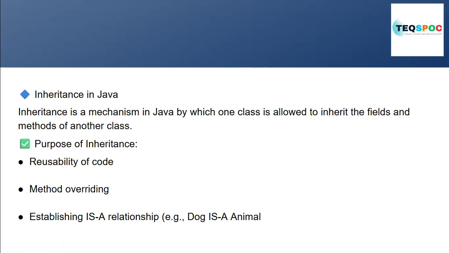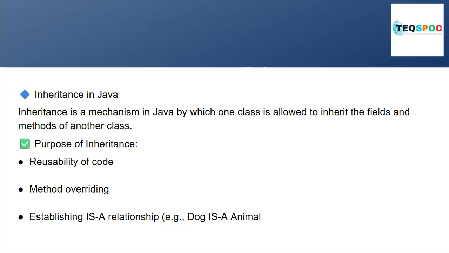Inheritance is a mechanism in Java by which one class is allowed to inherit the property, field or method of another class. The same thing which we have seen is an example of inheritance, and this type of example is single level inheritance. So what happens in Java? It is possible to inherit the attributes, properties and methods of one class in another class.